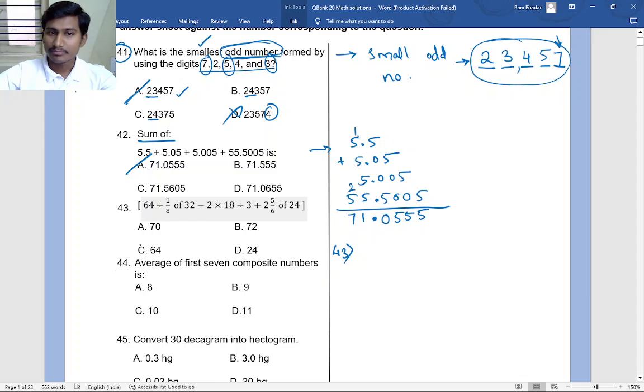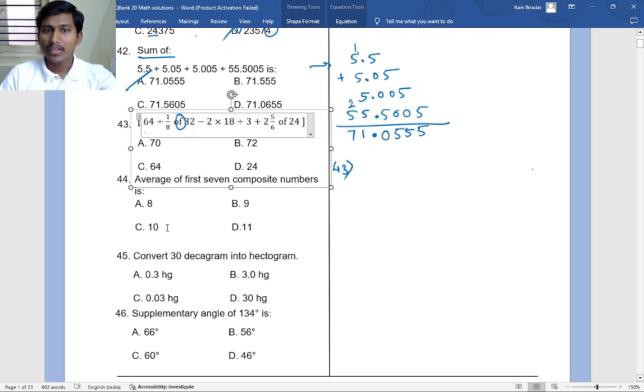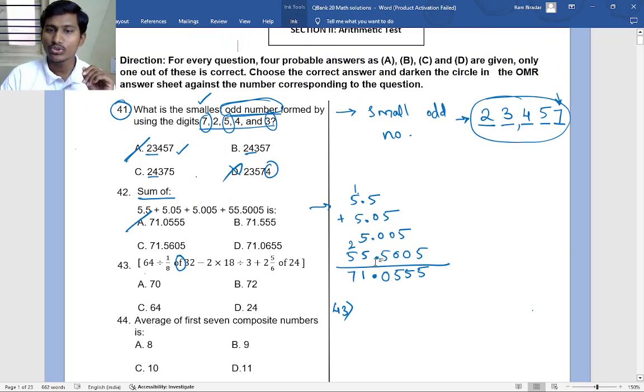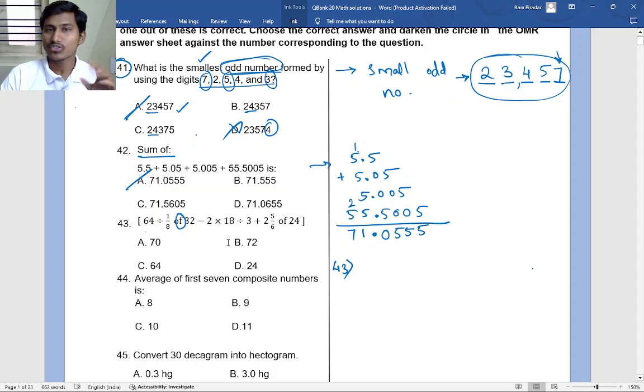So here we have to do 'of' first, right? We have to do 'of' first in the starting. Okay, so if you want to do 'of' first, what should we do? Here we should multiply that. 'Of' means multiply, as we already know. In this type of question, you do it separately.